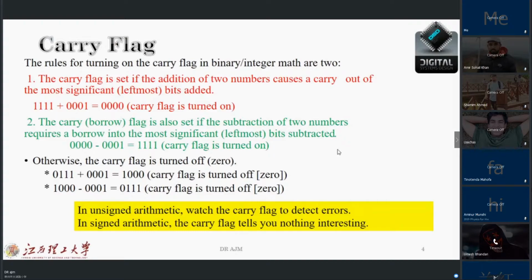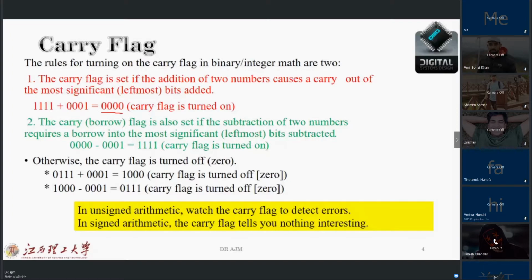Suppose I restricted it to 4 bits as I show here, but after the addition something more than these 4 bits appears. That part we call the carry. As you see, 1 plus 1 becomes 1 0, and then this one goes to the next part.